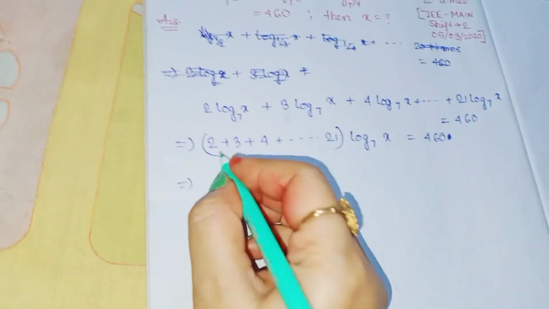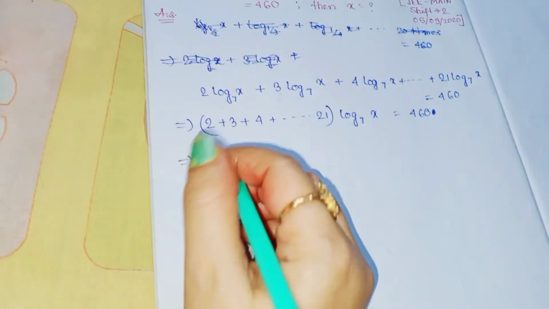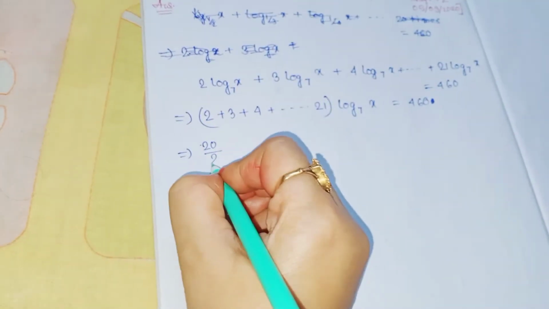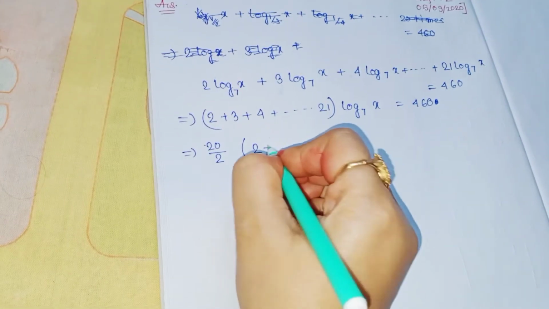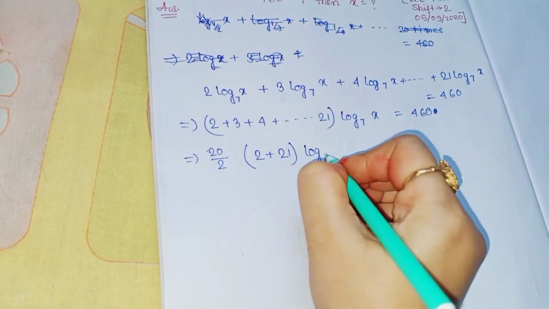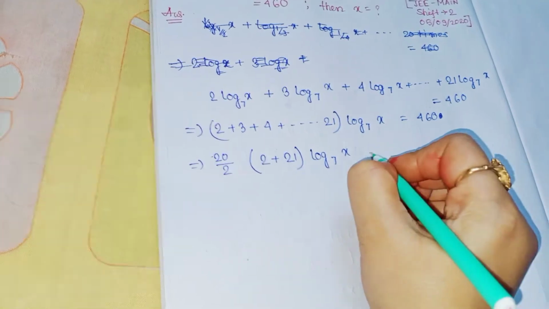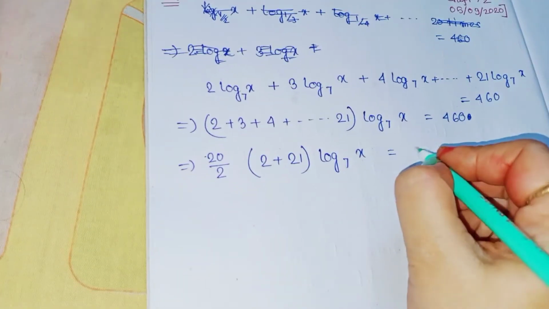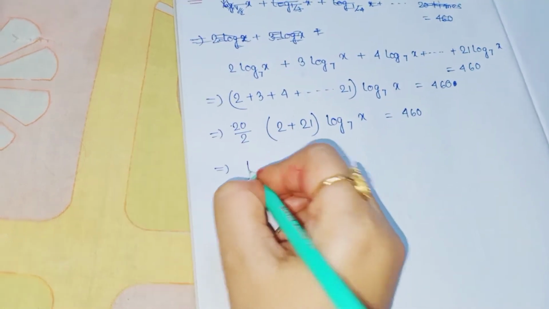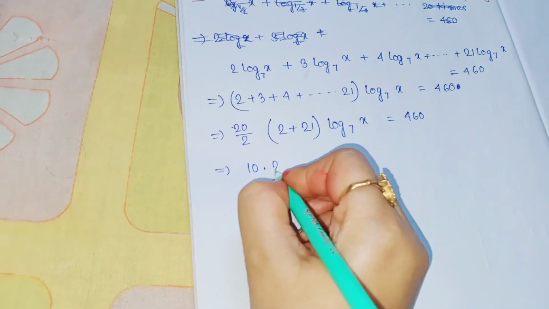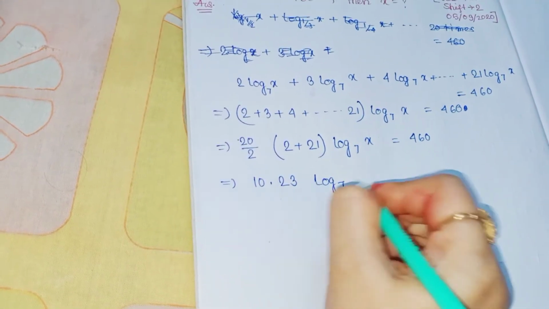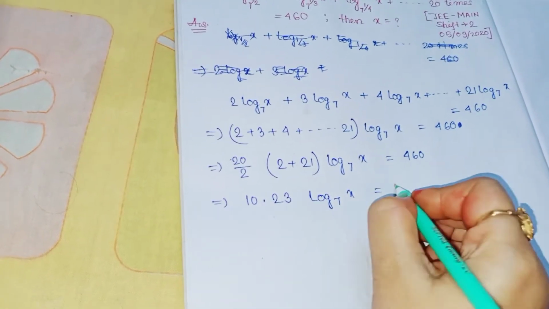Now this obviously forms an AP, so the sum of this series is 20 by 2 times the first term plus the last term, multiplied with log of x base 7, equal to 460. Now it is 10 and it is 23, so this is multiplied with log of x base 7, equal to 460.